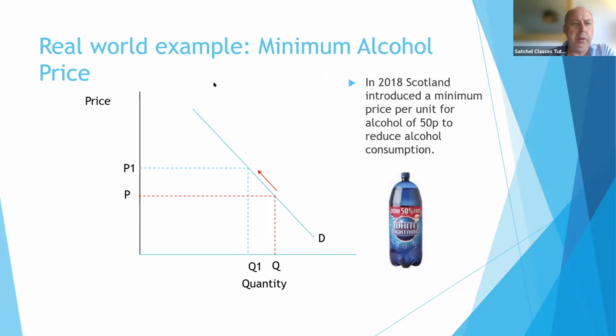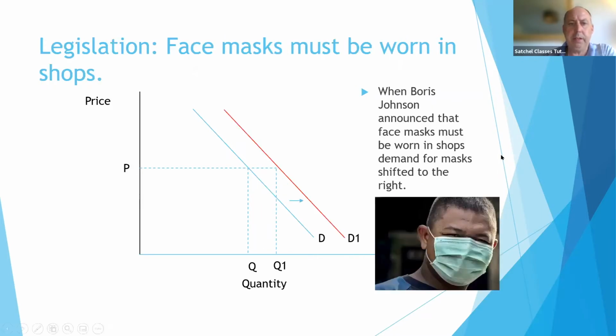So let's move on to our next slide. Here we can see legislation has been brought in where face masks must be worn in shops during the pandemic. And when Boris announced that, demand for masks shifted strongly to the right.